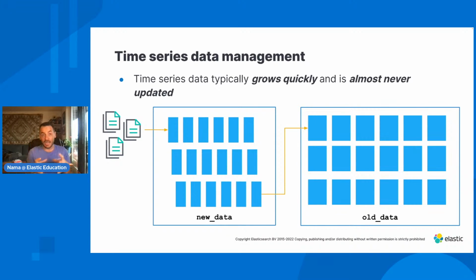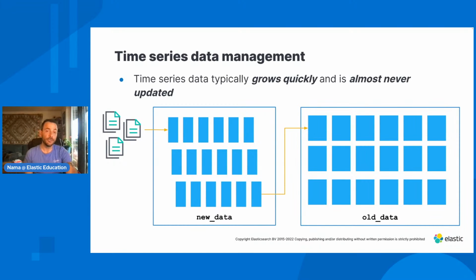So now we have new data and old data. And the old data becomes less and less valuable the older it gets. A metric of CPU usage from a year ago doesn't do much for me now. So it would be in our best interest, if we're trying to manage this index, to separate what's old and what's new.